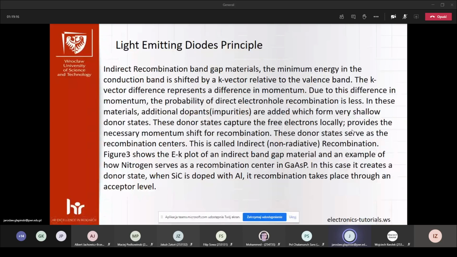Another solution is the indirect recombination. The energy is enough to move the electrons toward a higher orbit, and then when it goes lower, it causes the light emission.